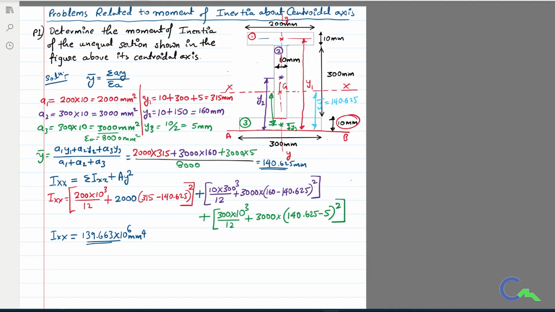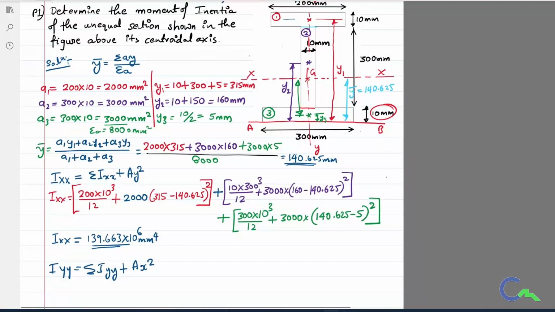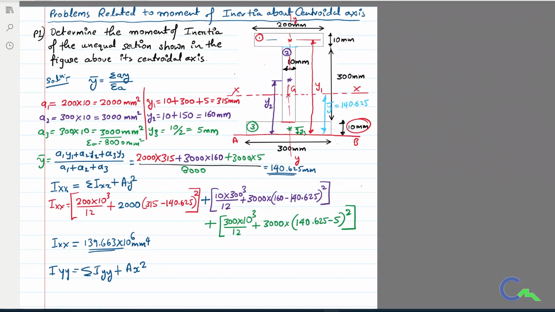So let us calculate Iyy. If you want Iyy, that is nothing but sigma Iyy plus A into x square. Let us consider one by one. For the first figure, that is db cube by 12. For the first figure, d is 10 mm and b is 200 mm.